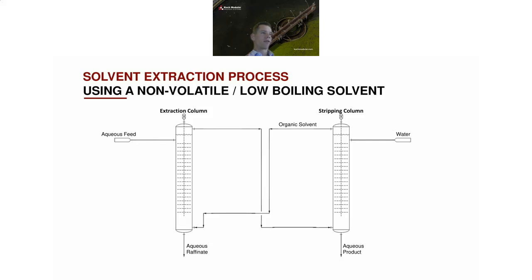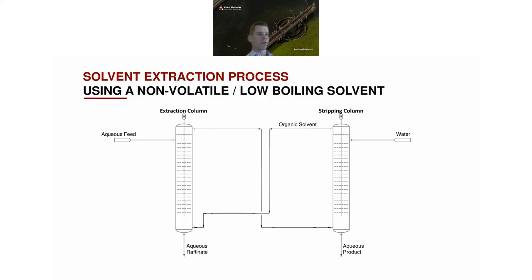If you have a non-volatile solvent or a low boiling solvent relative to water, the typical approach is using another extraction column downstream to recover the solvent. So here again, we have an extraction column. We have an aqueous feed stream coming in. It's contacted with an organic solvent. That extract, or loaded organic stream, leaves the extraction column.